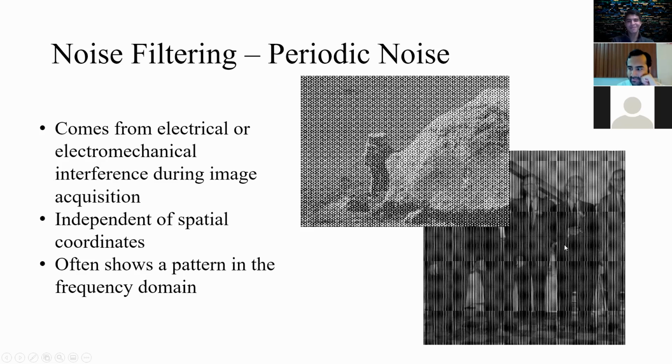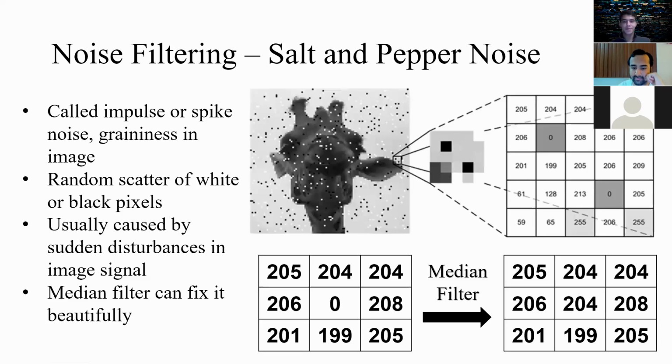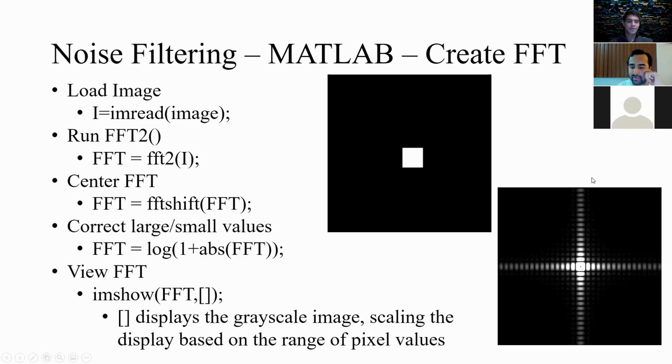Yeah, as long as it's spatially independent, so it repeats from bottom to top everywhere in the image, and it's not just localized, you'll see it in the frequency spectrum. Okay, great. It might not be as nice as a couple of dots here or there. It might be 2 dots here, 2 dots here, or a weird shape here and a weird shape here. But you'll be able to easily spot it in the frequency space.